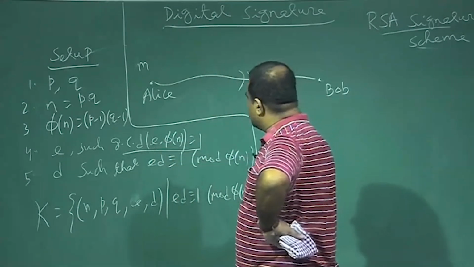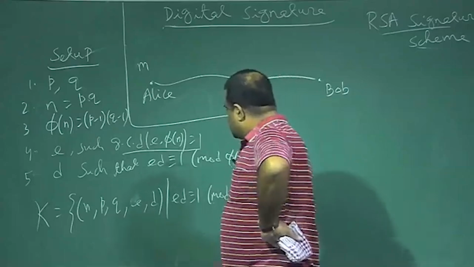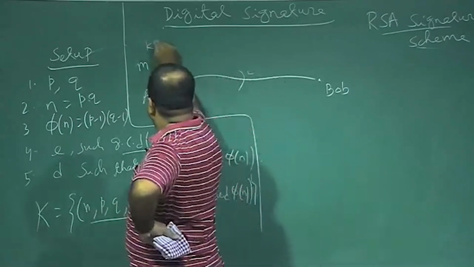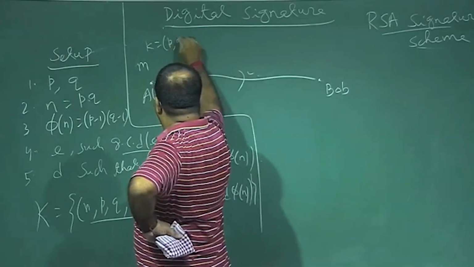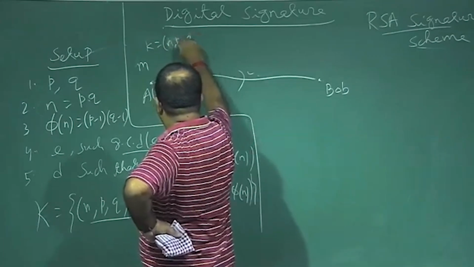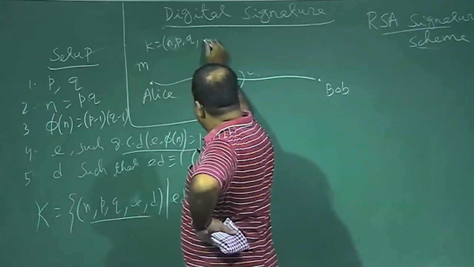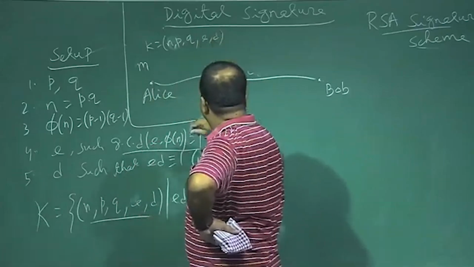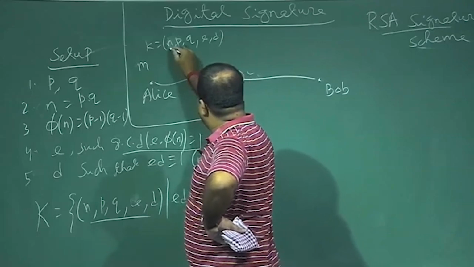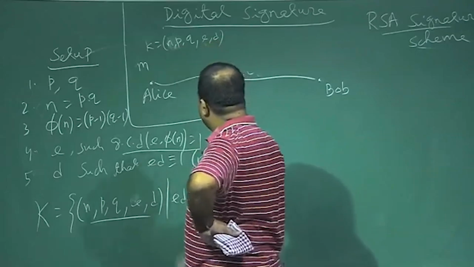So a key is basically this tuple: N, P, Q, then E, D. Among these, only N and E are the public key of Alice.